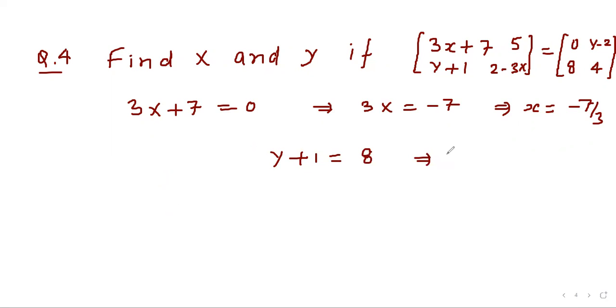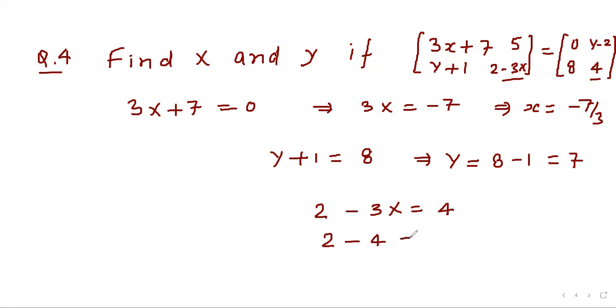So it will give y equal to 8 minus 1, that is 7. And if we evaluate this, again we will get the same value. So 2 minus 3x equal to 4. So 2 minus 4 is equal to 3x, which gives x equal to minus 2 by 3.